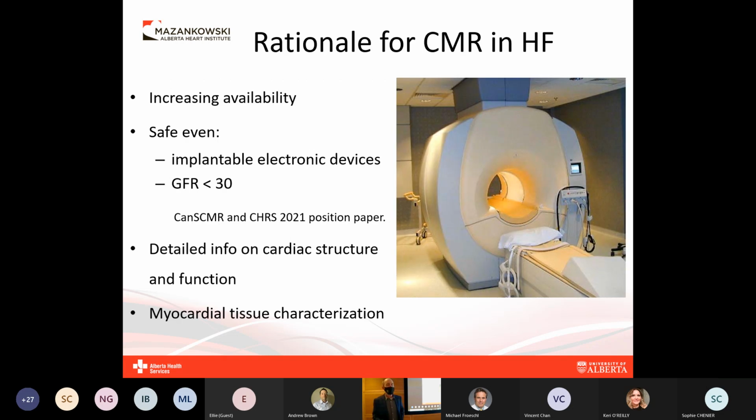So MRI is increasingly available in Canada, especially cardiac MRI. And I'll spend a couple of minutes talking about what we have in Edmonton. We have a 1.5 Tesla, actually the exact same magnet that you have here for your clinical program. We do approximately 1,500 scans a year, which I think is comparable to what you are doing.